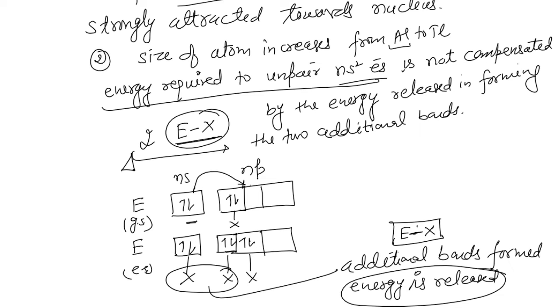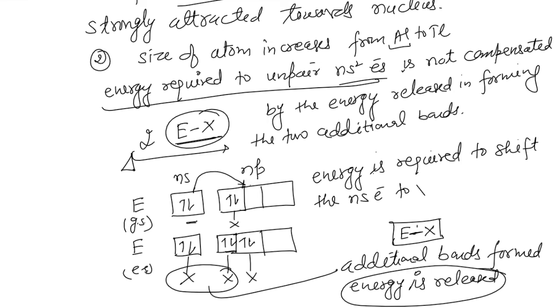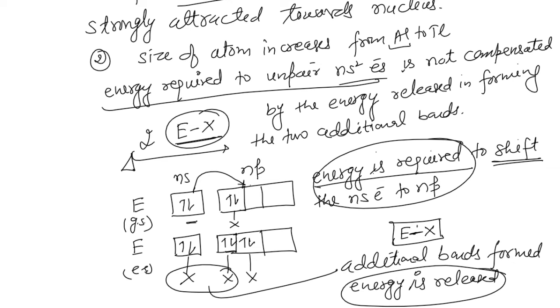Energy is required to unpair the electron, to shift the ns electron to np, and this energy is more than the energy released when these two additional bonds are formed. That's why the s electron pair becomes inert.